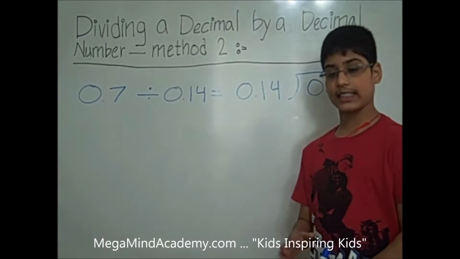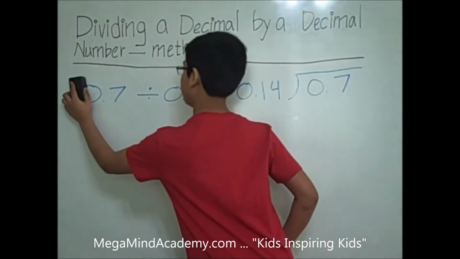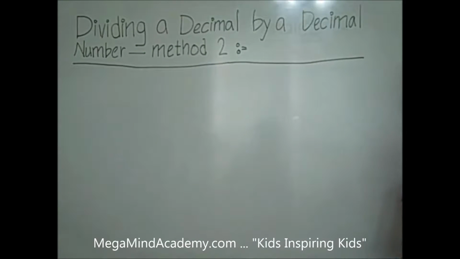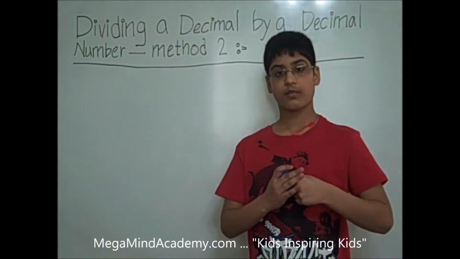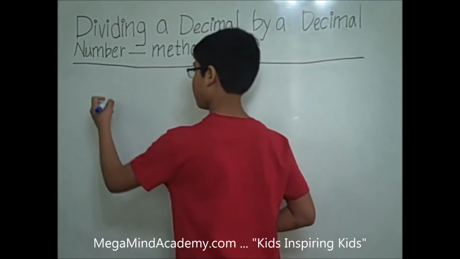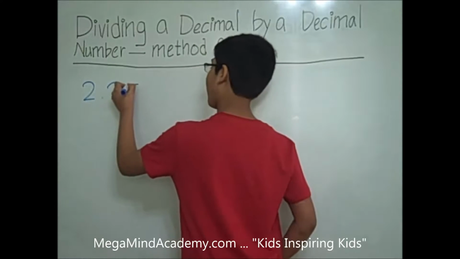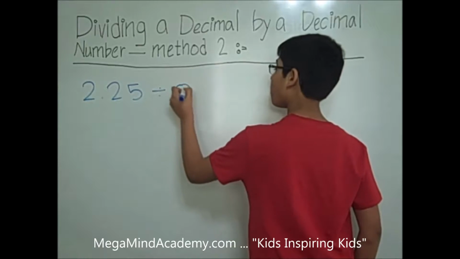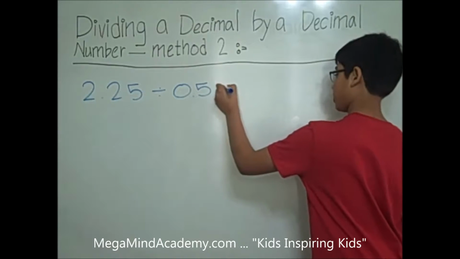Now let's look at an example. Let's say we have 2.25 divided by 0.5 is equal to.